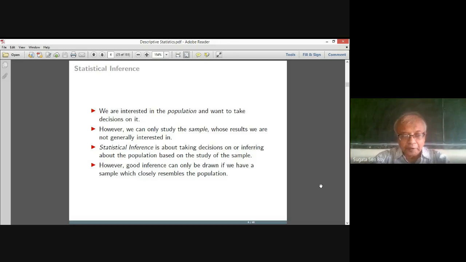The population we are talking about is 18 to 25 year age groups, Calcuttans of this age group. But many of them do not come to colleges or universities. But the sample that you have picked up is only from this group. So the sample result would relate only to 18 to 25-year-old people in Calcutta who go to colleges or universities. You see, the population is different.